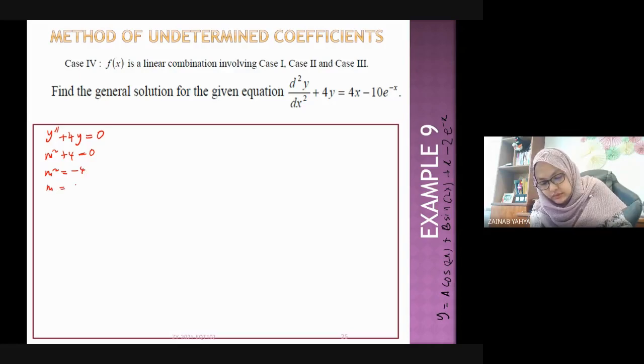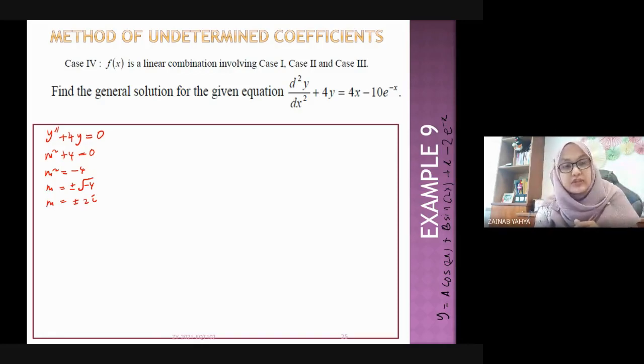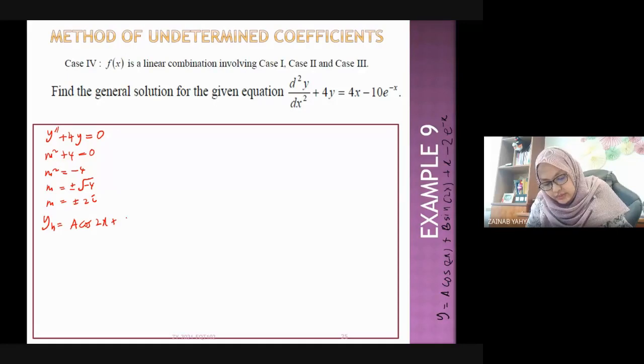So m equals plus minus square root of negative 4. So m equals plus minus 2i. We have learned this in complex numbers, right? On how to get this. I call it Mat 1. So the roots give yh equals a cos 2x plus b sin 2x.